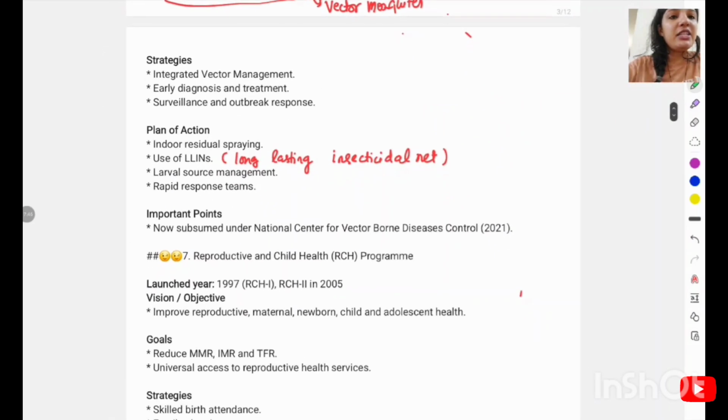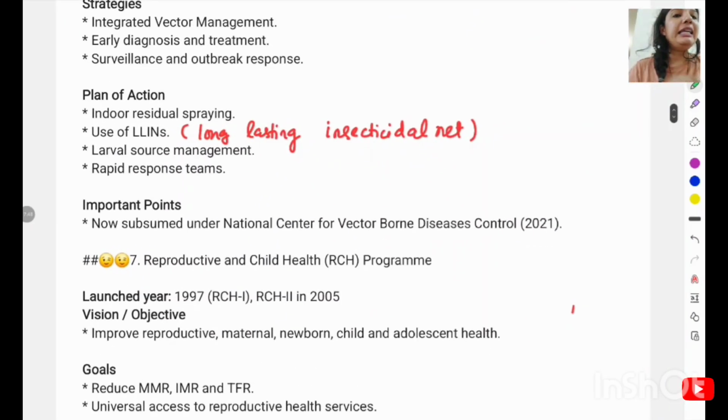Then what is the strategy we are going to use? Strategy is integrated vector management, early diagnosis and treatment, surveillance, and outbreak response. Then what is our plan of action? Our plan of action is indoor residual spraying, because we are always using sprays against mosquitoes, and use of LLINs, meaning long lasting insecticidal nets, and larva source management, because larva is one of the important stages for the mosquito.